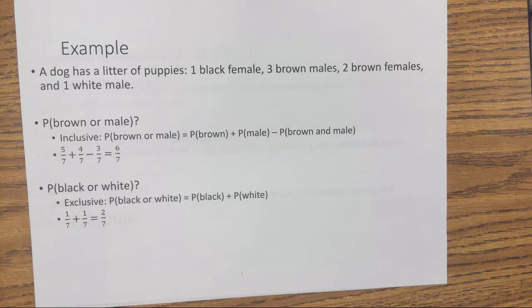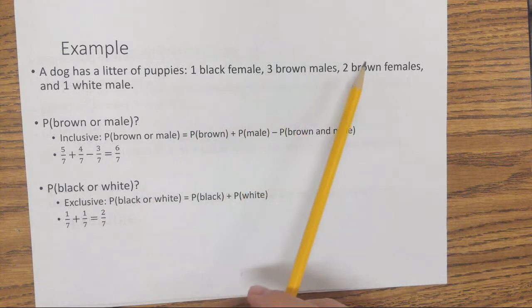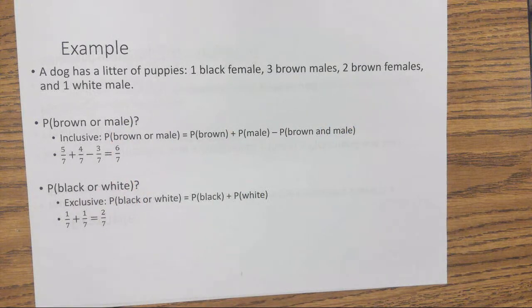Okay. So the probability that it's brown. Well, there's 1, 4, 6, 7 dogs. There's 3 and 2 brown ones, so that's 5. So the probability that it's brown is 5 out of 7.